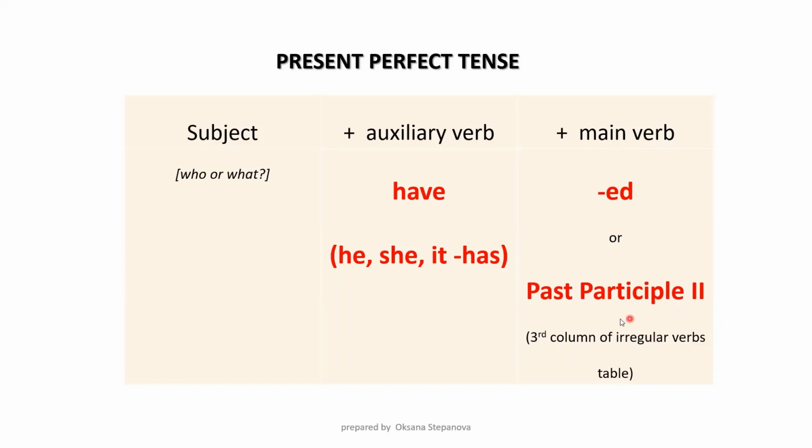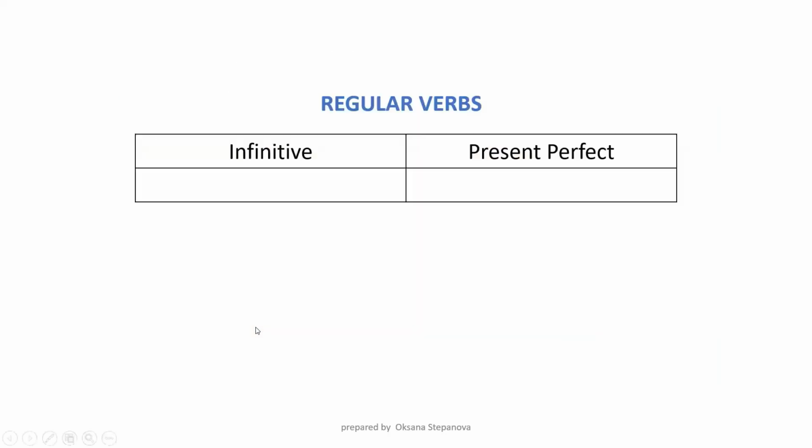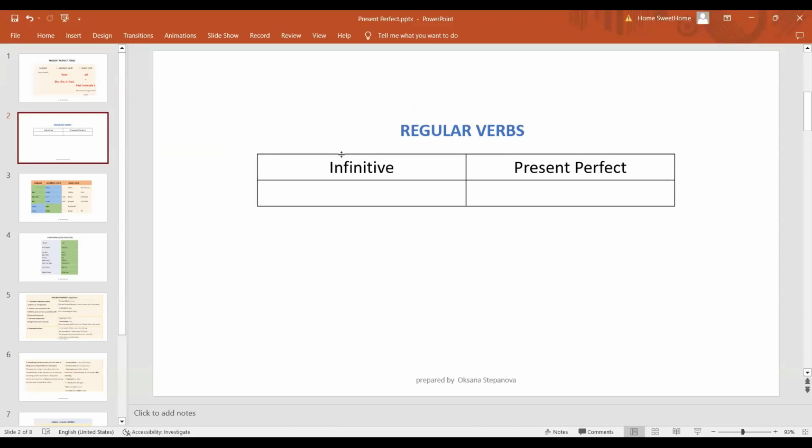Okay, so we can conclude here that in English there are regular verbs and irregular verbs. Let's have a look at regular verbs and the suffix ed first. Regular verbs are all simple verbs in the English language, which just add suffix ed.